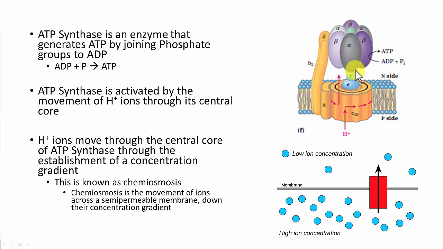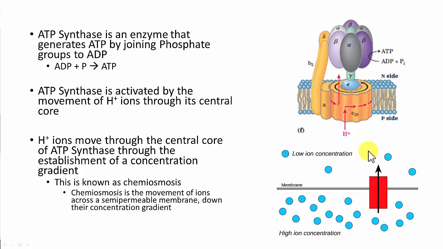ATP synthase acts like a valve or an opening for these molecules to move through, like a water bottle has its own cap on it. And so that movement here is referred to as chemiosmosis, the movement of chemicals or ions across a membrane down their concentration gradient, meaning from a high concentration to a low concentration.